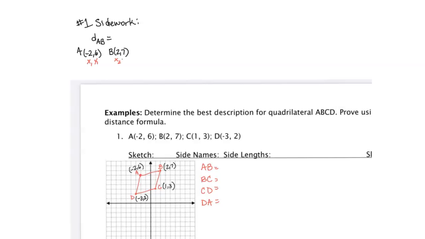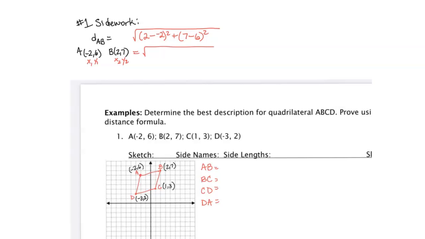This is x2 and y2. The distance is the square root of x2, which is 2, minus x1, which is -2, squared, plus y2, which is 7, minus y1, which is 6, squared.